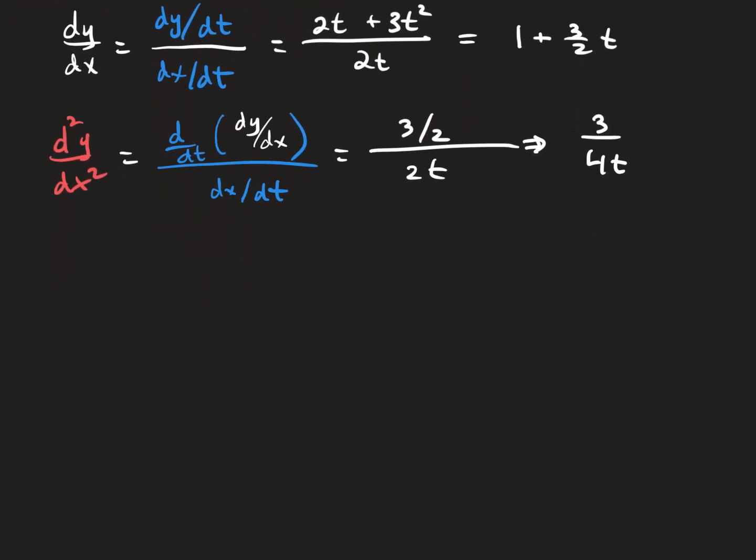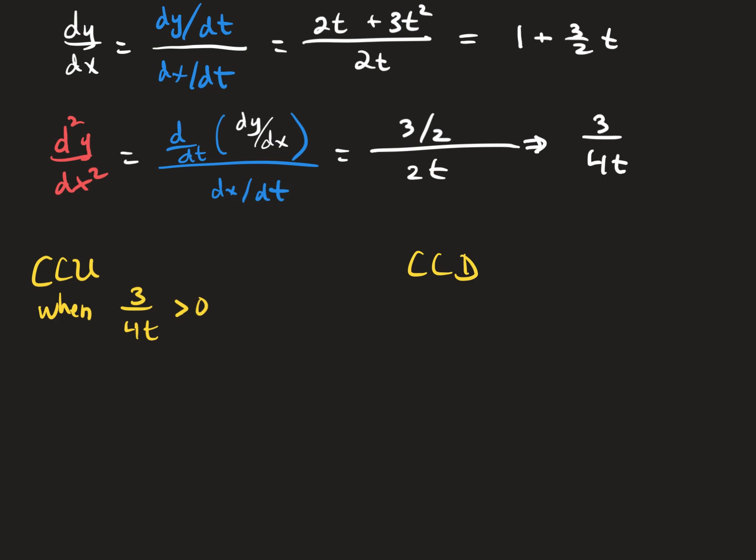All right, so when is this curve concave up? It's concave up when the second derivative is positive. It's concave down when the second derivative is negative.